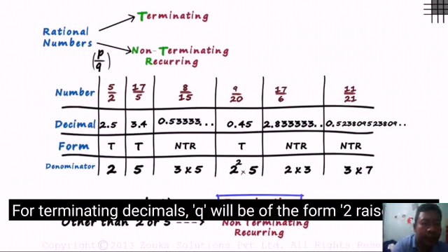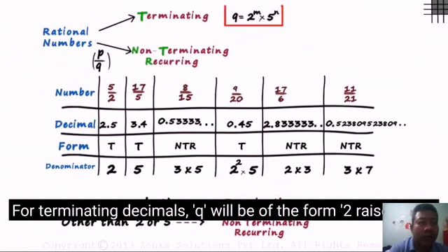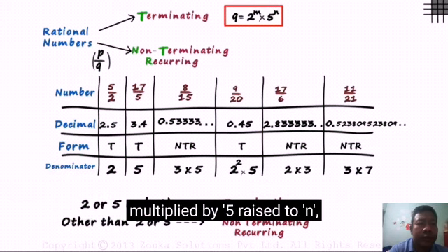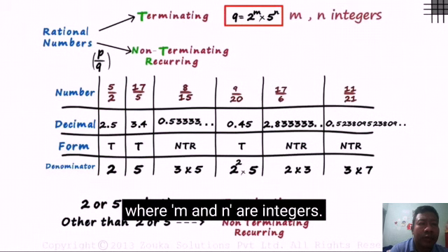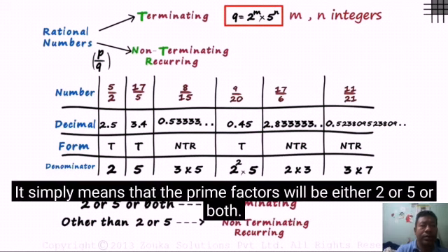For a terminating decimal, q will be of the form 2 raised to the power m multiplied by 5 raised to the power n. That is, q equals 2 to the power m into 5 to the power n, where m and n are integers. It simply means that the prime factor will be either 2 or 5 or both.